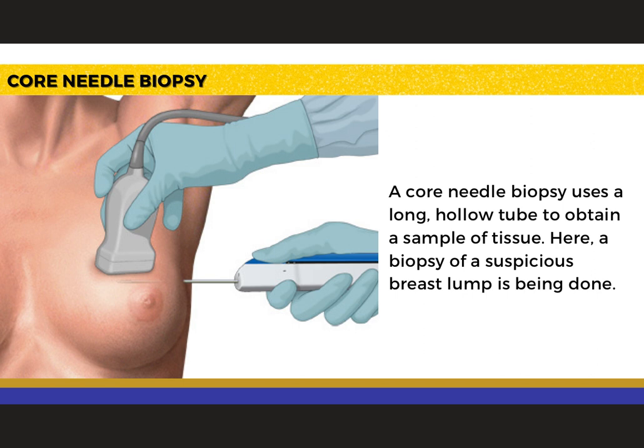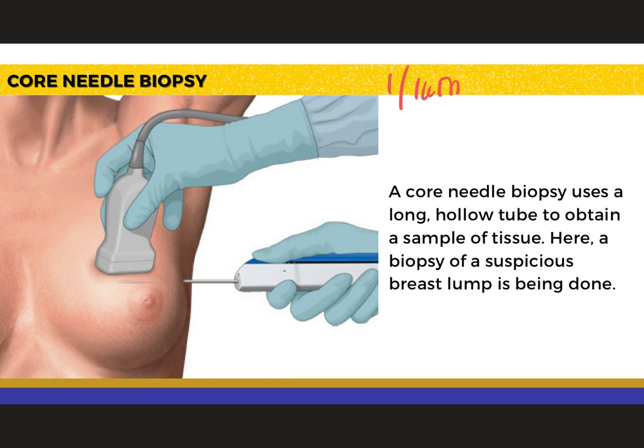A core needle biopsy obtains a cylinder of tissue about 1/16 of an inch in diameter, and the needle is wider than that used for fine needle aspiration. But since a core needle biopsy gathers more material, more information is derived from it.